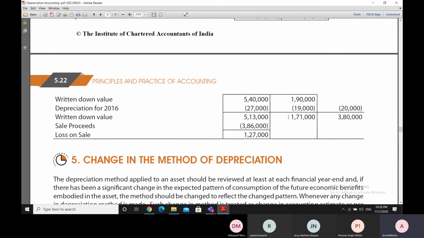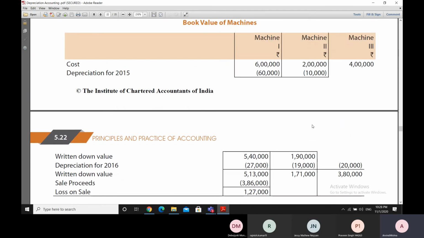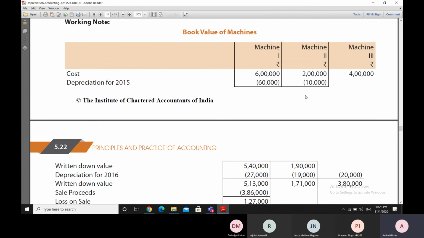As 10% depreciation, we get a WDV of 1,71,000 rupees on the machinery 2.